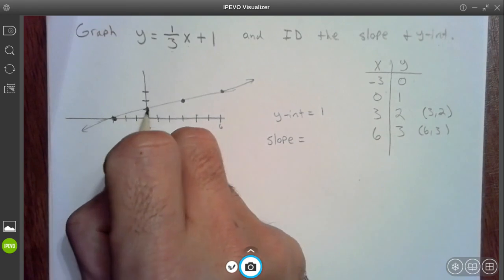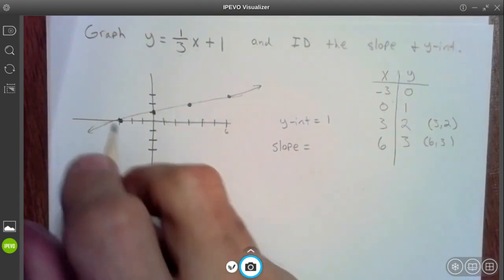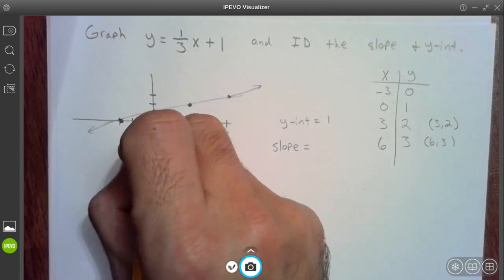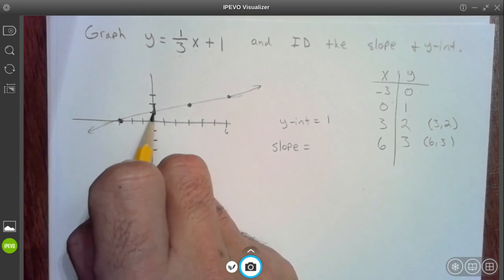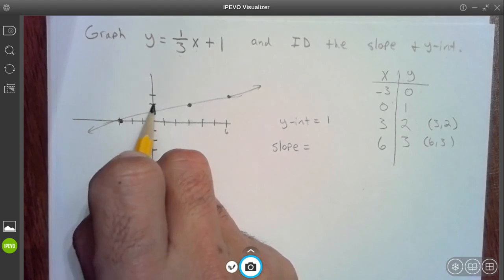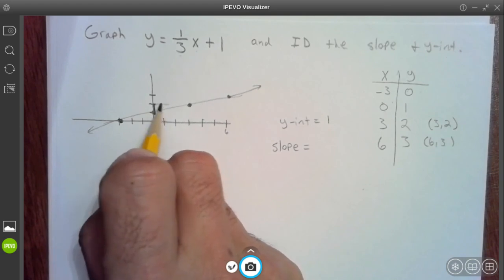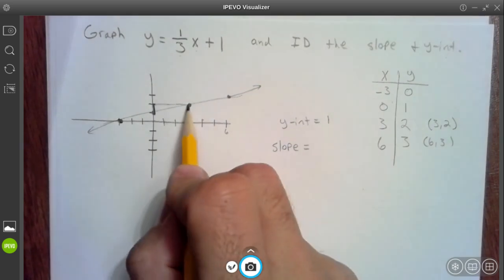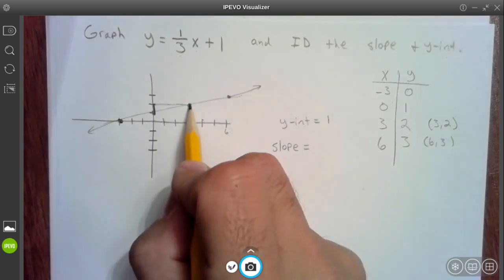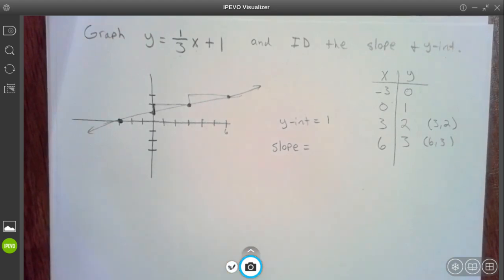To figure out the slope, I'm going to look from point to point and count how many it's going up compared to how many it's going over. For every one that I go up, I have to go over 1, 2, 3. Up 1, and I have to count over 3 spaces. From this one to that one, it's the same thing. If I go up 1, I have to go over 3 to continue to be on my line.